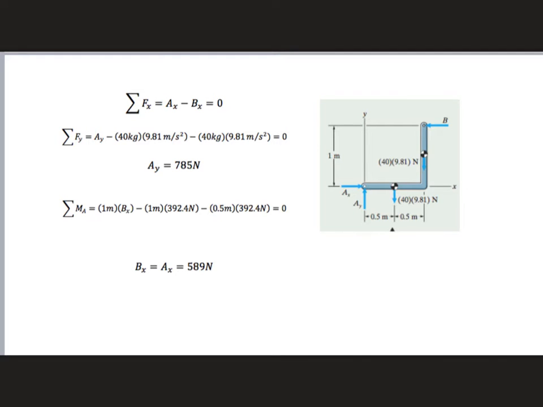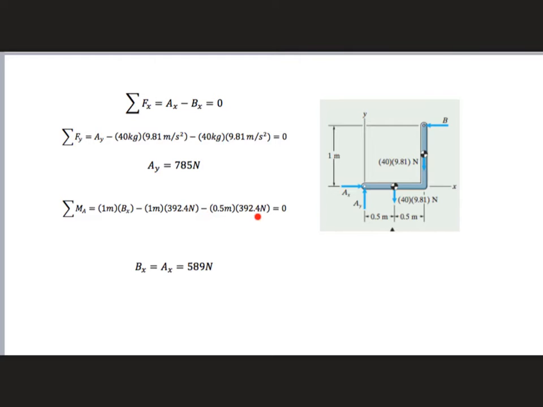So if I plug in all the moment arms, 1 meter times Bx minus 1 meter times the 40 times 9.81 newtons, that gives me the moment of 1 meter times 392.4. And then here we have the other force, which the moment arm is only half a meter.